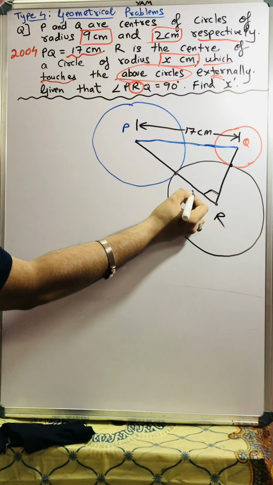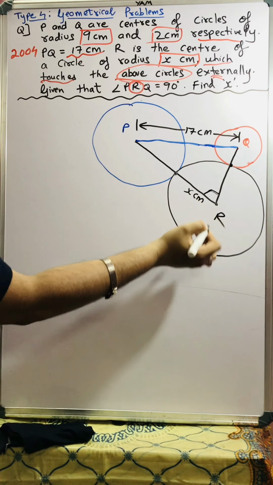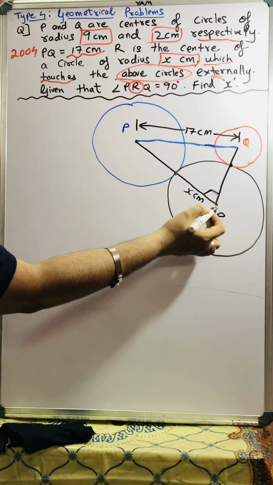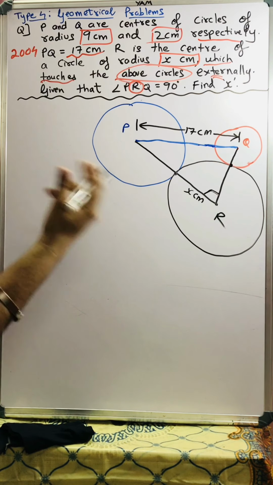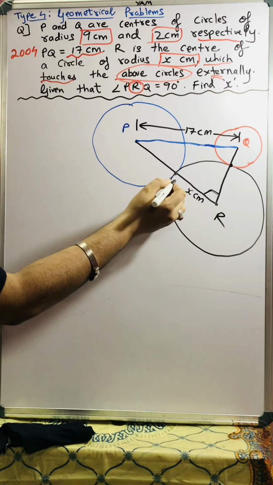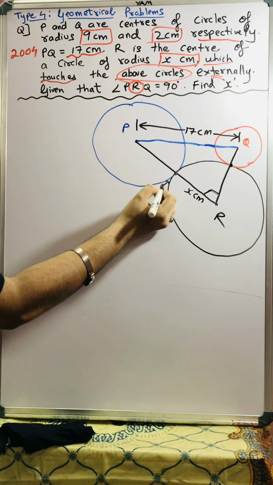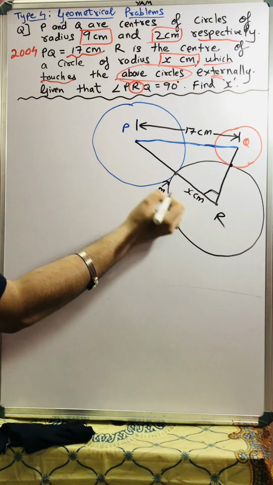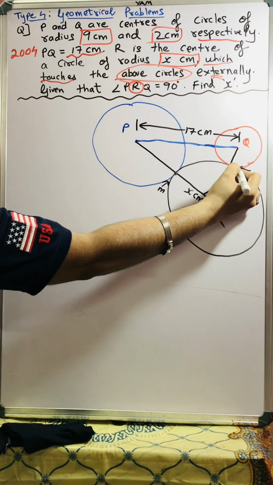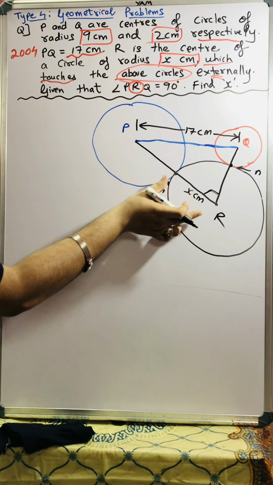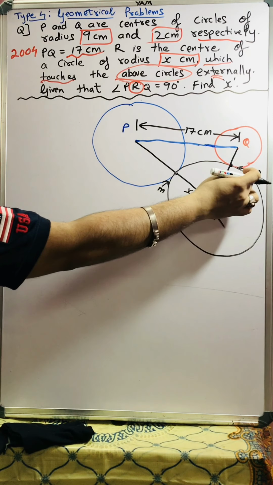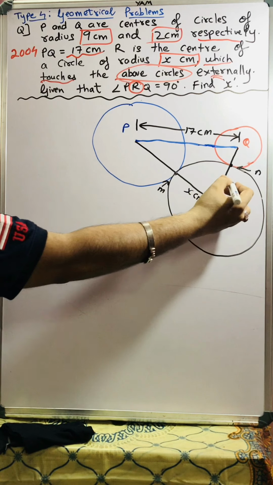This is radius and it's x centimeter. Similarly, this part is also a radius. To avoid confusion, let us suppose that this point is point M, and this point is point N. So MR is x centimeter and NR is also the radius, so x centimeter.